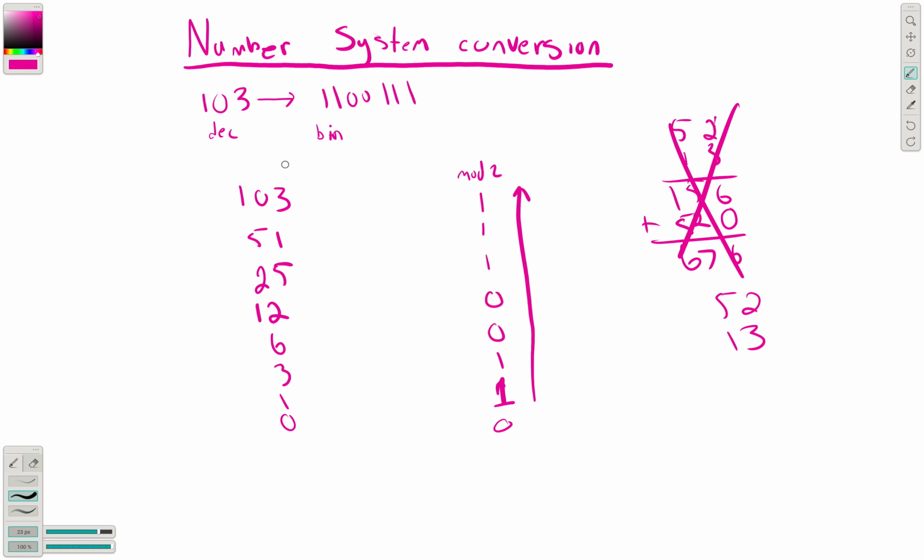So 103, what we do is we mod it, that's a 1, and then we divide it by 2. In my mind, this 1 is the least significant bit. And I'm thinking, how does that 1 impact this 103 so much, such that it can divide it by 2?